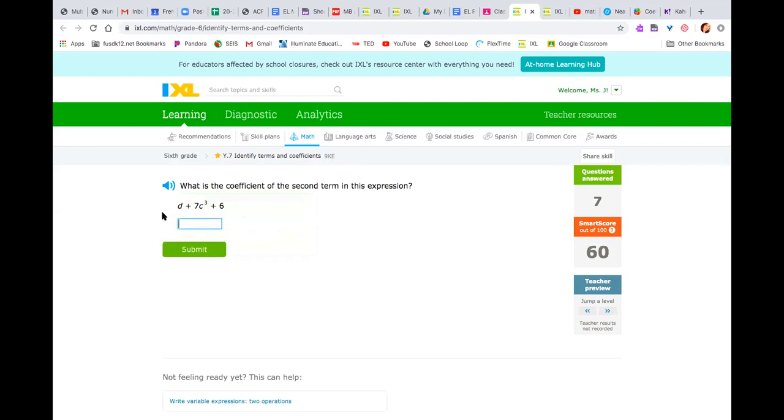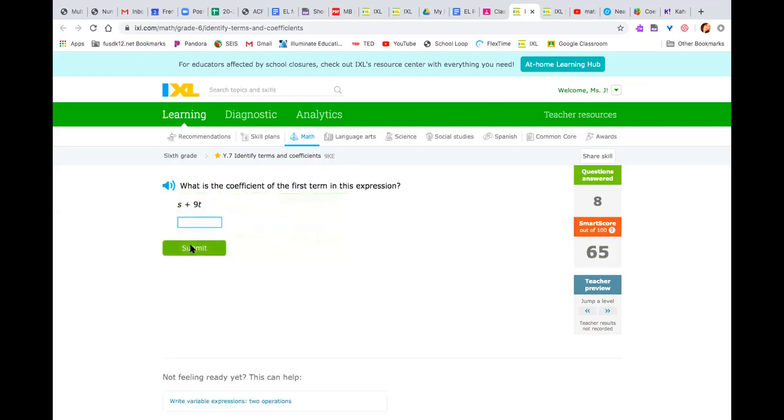What is it? 3. Okay. Well, if I put 3, did I read the question? What is the coefficient of the second term in this expression? Did it say how many terms? No. Is it important to read the question? Yeah, because I would put 3 and I would have got it wrong. 7?